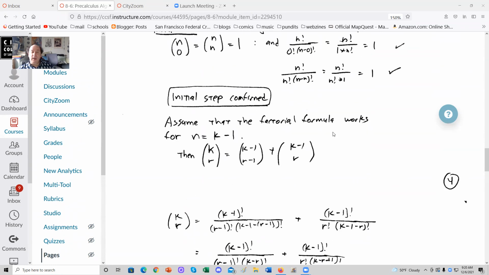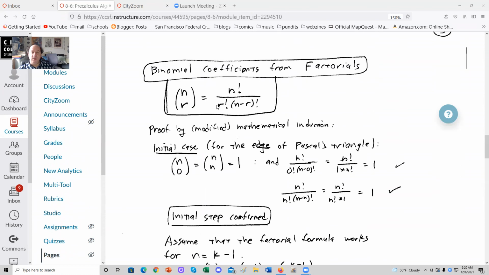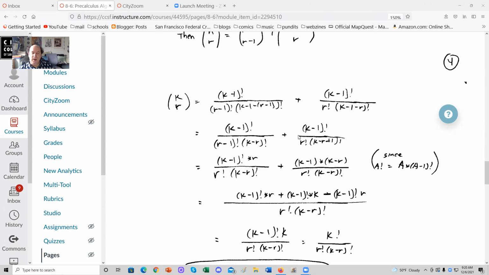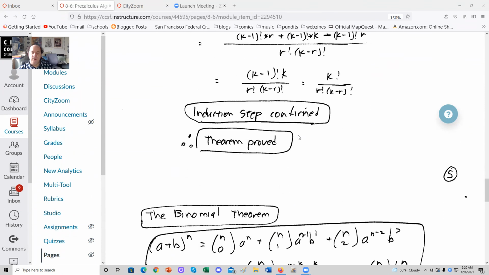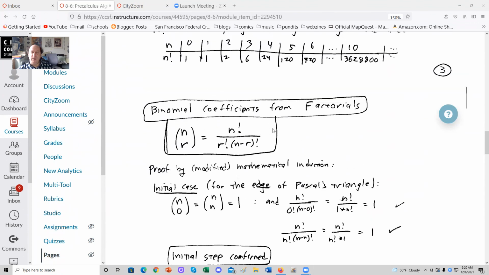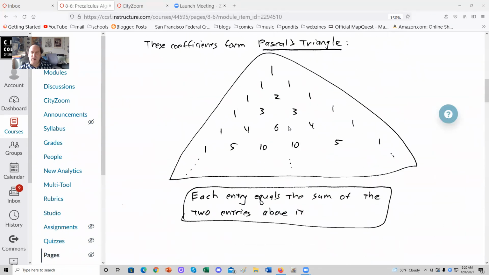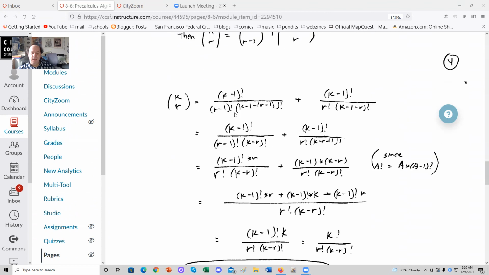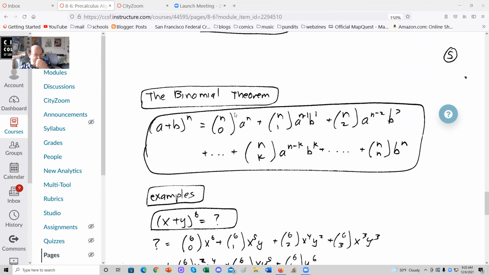So this formula is true on the edges of Pascal's triangle, and it's true all the way down Pascal's triangle. So it's generally true. So we can use this as a general formula for Pascal's triangle, which brings us back to powers of binomials. So it follows the binomial theorem.